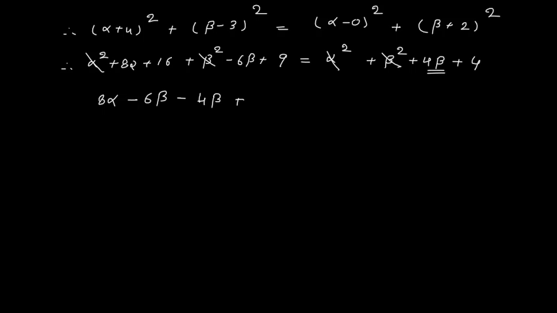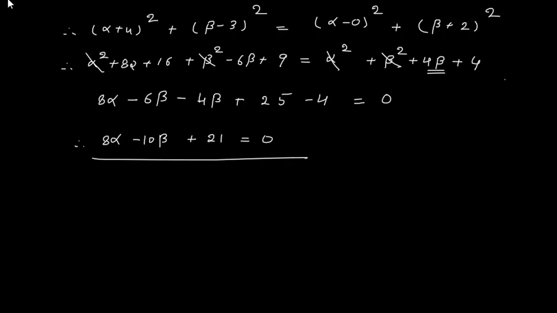So here plus this 16 plus 9, it is 25, and this 4 will come to the left side, it will become minus 4, and this whole is equal to 0. So I will say 8 alpha minus 6 beta, 6 plus 4 is 10, so minus 10 beta, and plus 25 minus 4 is 21, plus 21 is equal to 0, which is the required expression.